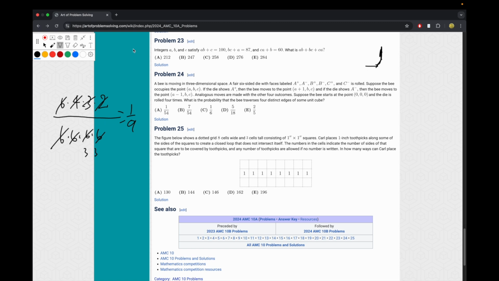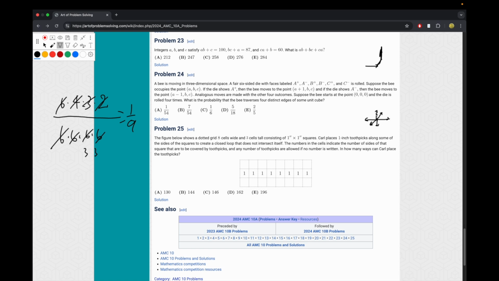Okay, let's try and draw them more clearly. So, assuming that here is 0, 0, it can go here, here, or here. How should I draw them? Here, here, here, or here. It doesn't really matter.